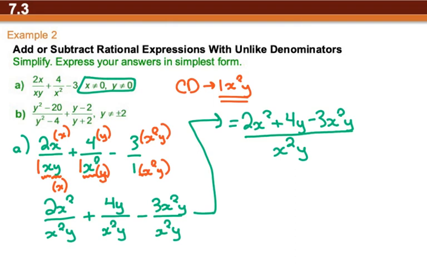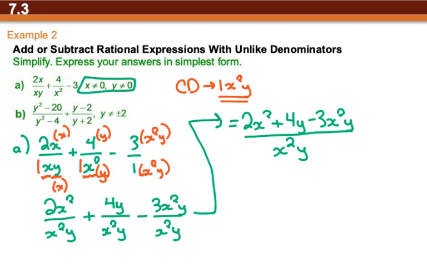Now we can't cancel anything yet. You may be looking at this and seeing, oh, I have x squared and x squared and x squared. No, we cannot cancel those because they're parts of terms. They're being added or subtracted. We can only cancel things that are factored and have been factored out. So, as with the other ones, we need to look and see if we can factor anything out of the top. Well, coefficients, we have a 2, a 4, and a 3.